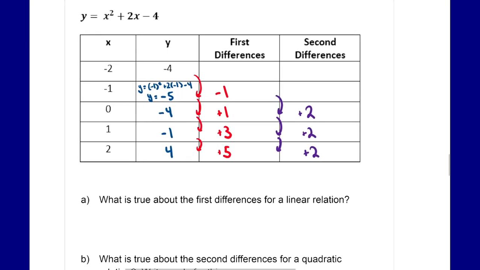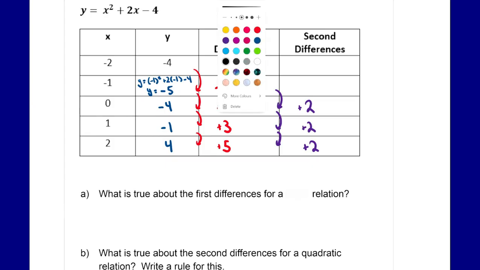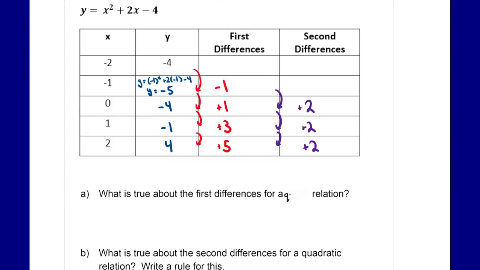So looking at this, what is true about the first differences for a quadratic? We already know for a linear what it is. For a linear, it was the same, but for a quadratic, let me make that a little bit more legible, just so when we look back on these notes, it's a little bit clearer.